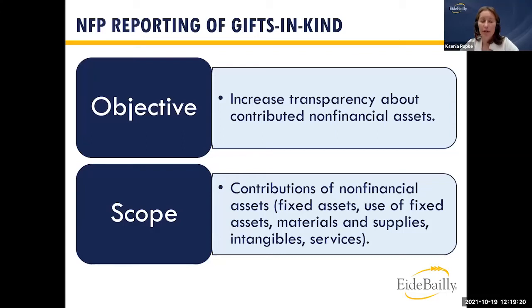The objective of the standard was really to increase transparency about types of in-kind contributions that the organization receives. And the scope of this particular standard is non-financial assets, so fixed assets, use of fixed assets, materials, supplies, intangibles, but not financial assets.